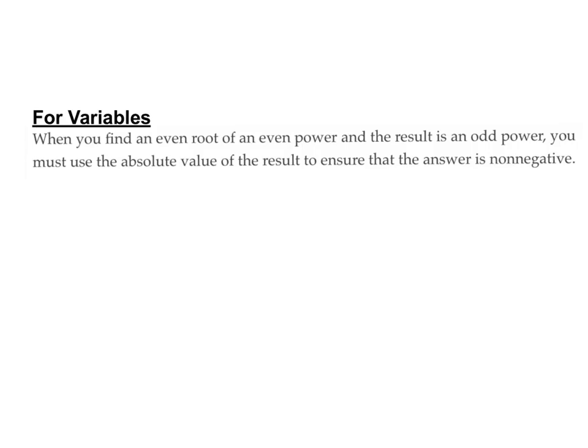That's all we're talking about. You have to use the absolute value. And we're talking about this with respect to variables. So all of these even powers and odd powers things are on variables.